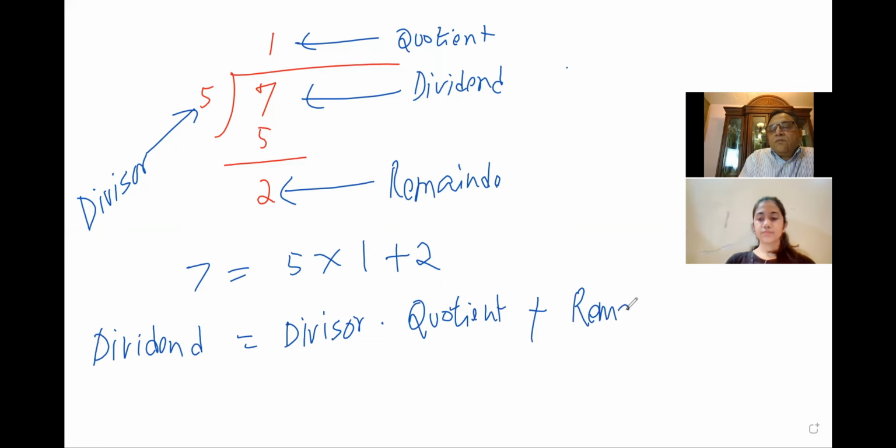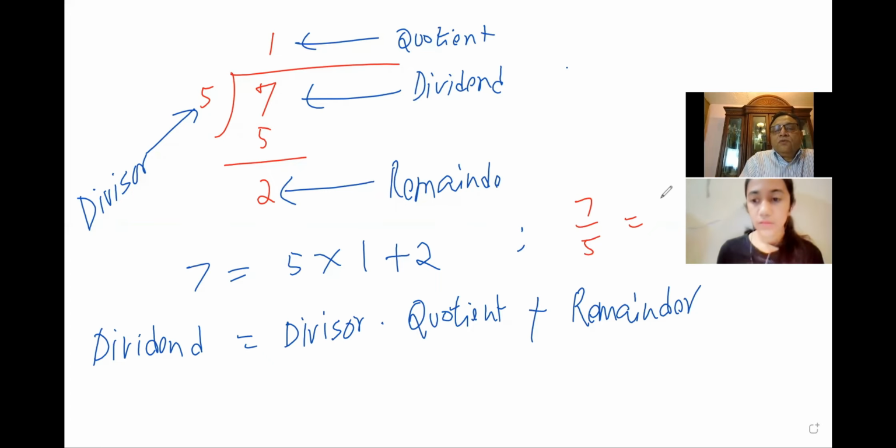Is it okay? We can also write this in another form, which is dividend over divisor, which means 7 over 5. We could also write this as, 7 over 5 is equal to 1 plus we still have to divide 2 by 5. Is it okay? So this is called division statement.